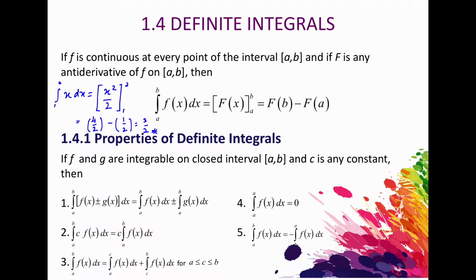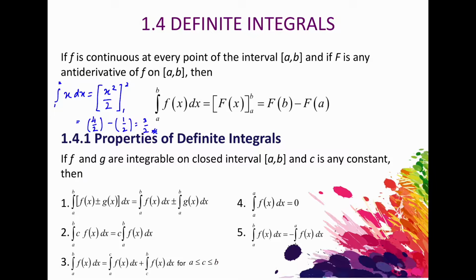And property number 3 is, if c is in the middle of a and b, that means you can separate the integral into two integrals. So you can integrate from c to a, and then from b to c, where c is in between a and b.